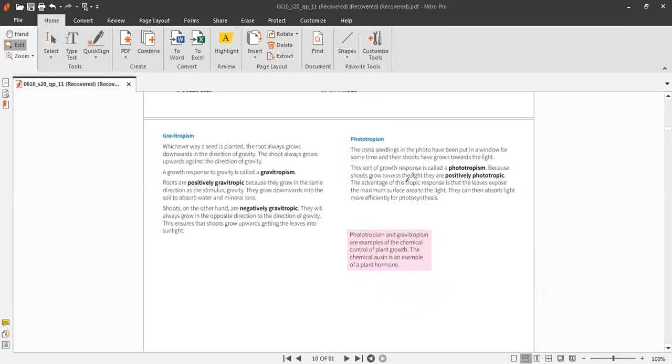What is the definition of phototropism and gravitropism? Examples of the chemical control of plant growth. So here for phototropism, the shoots grow towards light, so positive, but roots negative for phototropism.